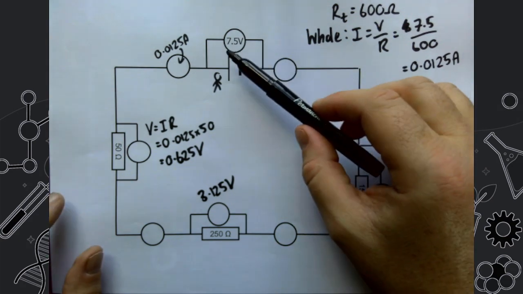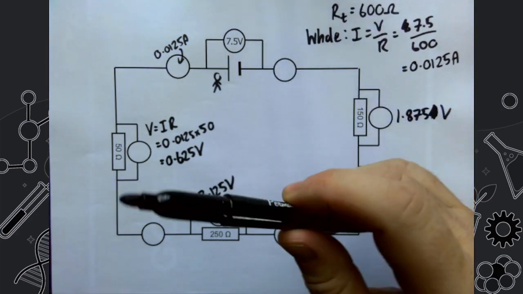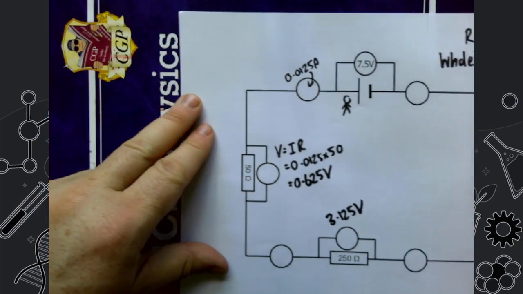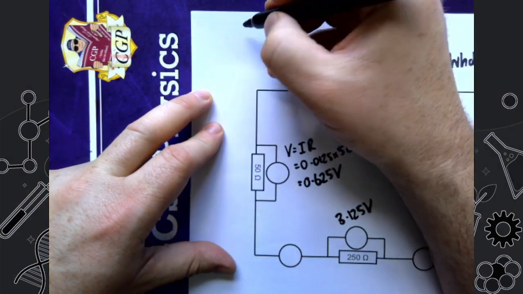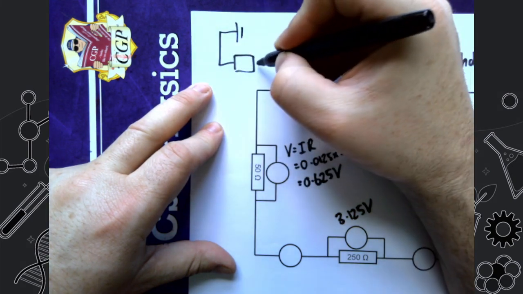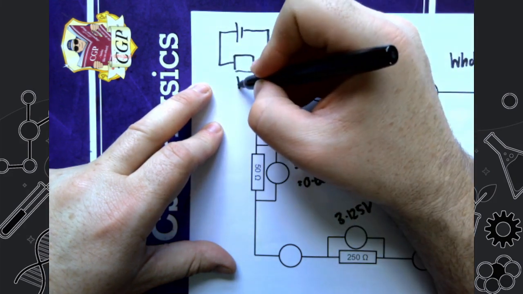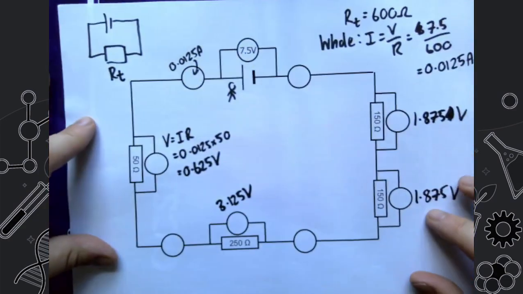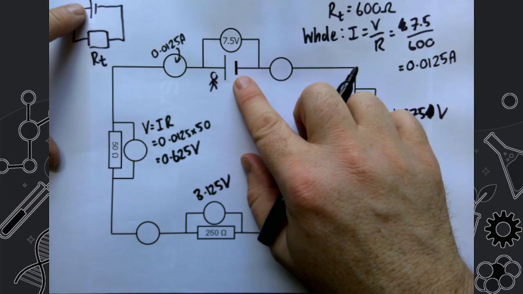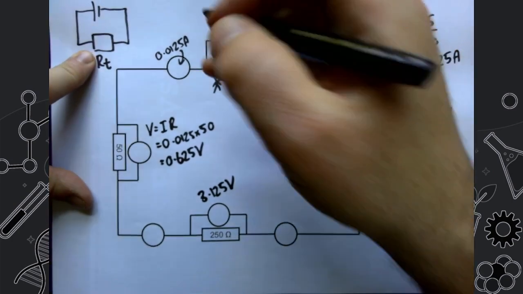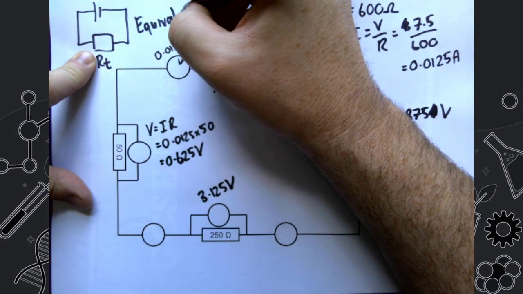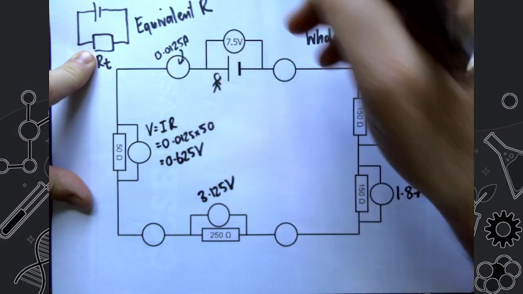Now, because I know the whole circuit resistance, I can apply Ohm's law to the whole circuit. 7.5 volts. And let me explain this one quickly, because what I can do here is this whole circuit can be replaced by the same battery and one equivalent resistor.